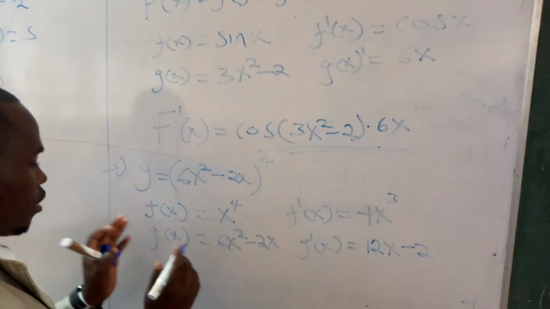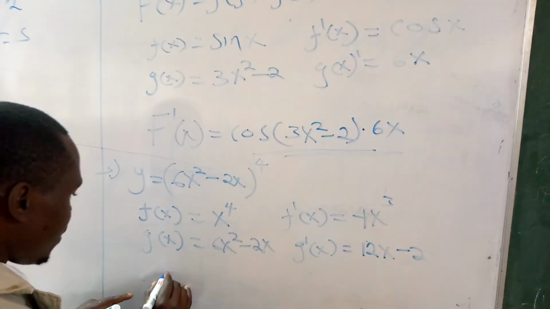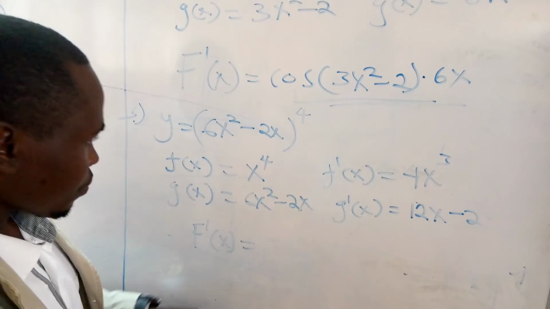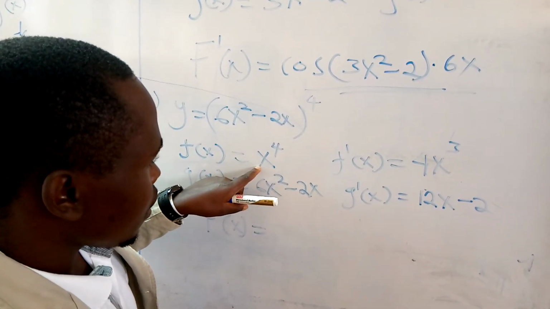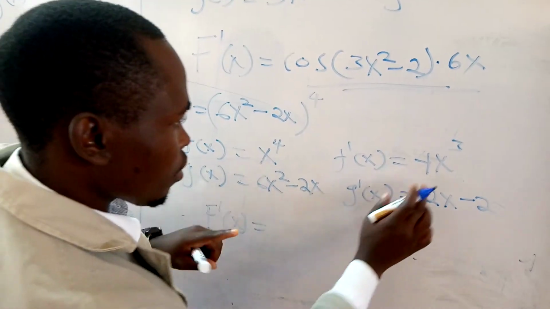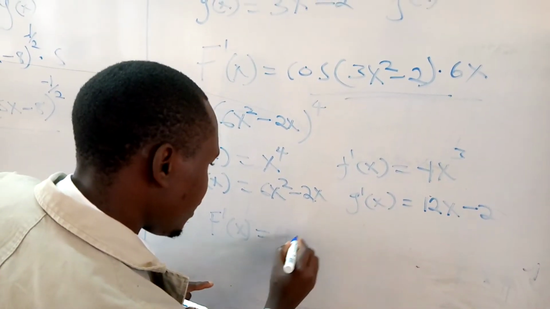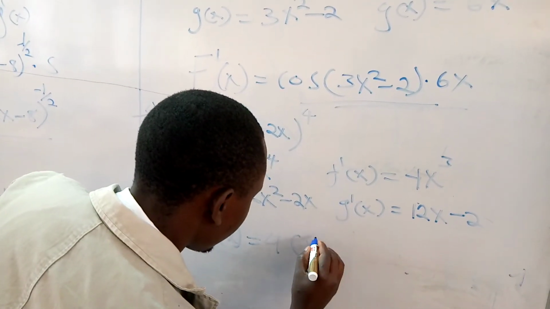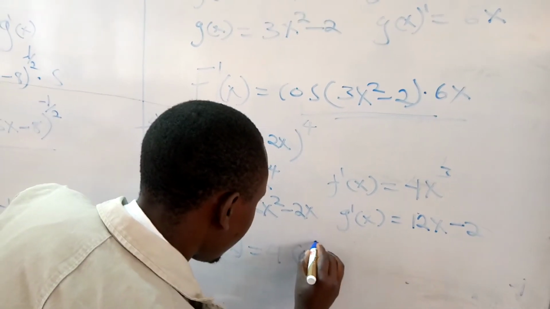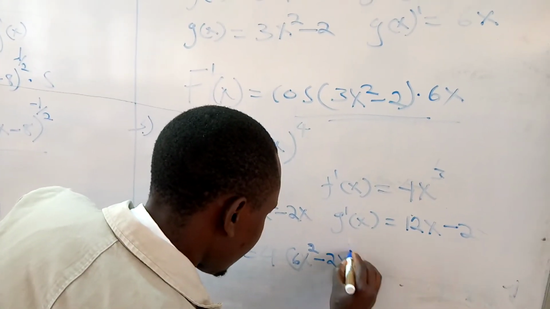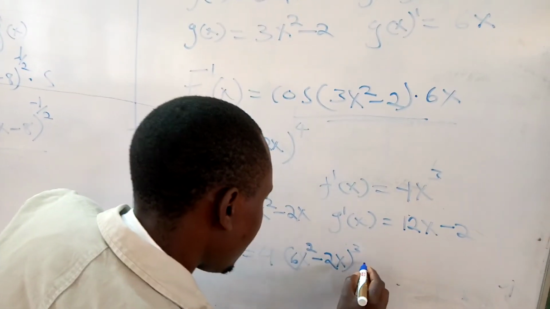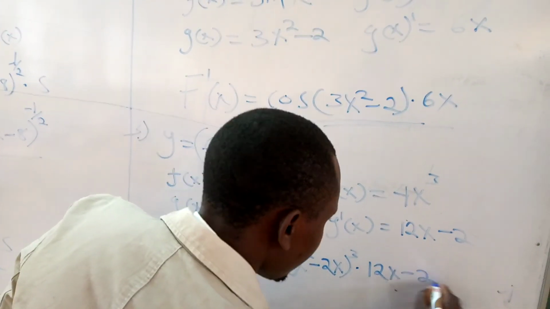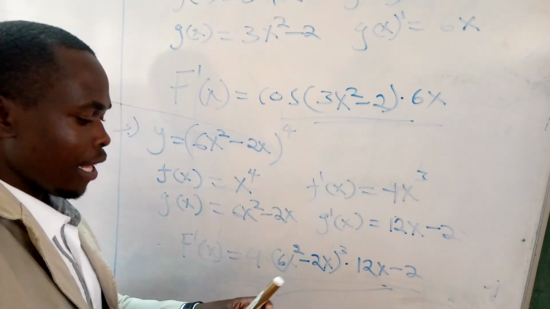Then I combine all in the chain rule. f prime is 4x cubed; in place of x, I write g of x, which is 6x squared minus 2x, raised to 3, multiplied by the g prime of x, which is 12x minus 2, and this is the answer. Thank you for watching.